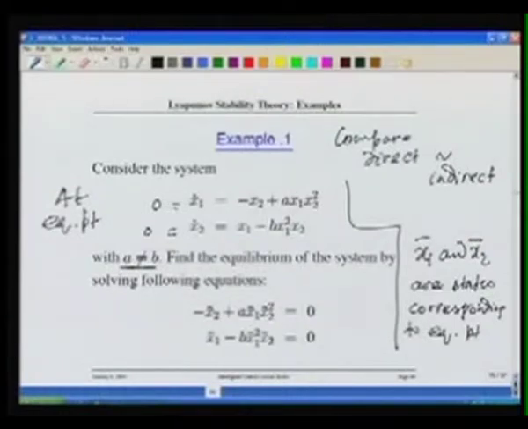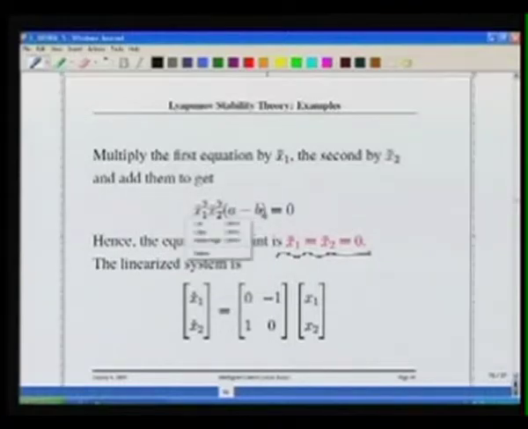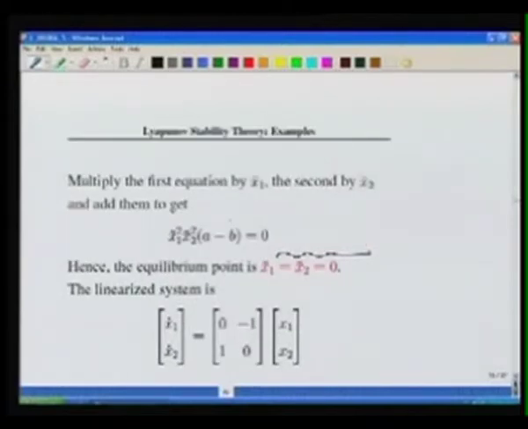This is very important. What is an equilibrium point? It is a point where there is no more dynamics. So, x 1 dot, x 2 dot all become 0. If you put this, then we find what the equilibrium points are. Obviously, because a minus b is not 0, x 1 square and x 2 square have to be 0.